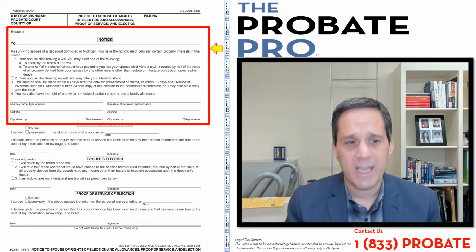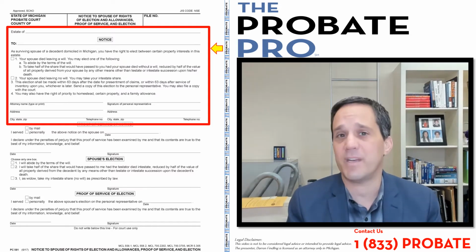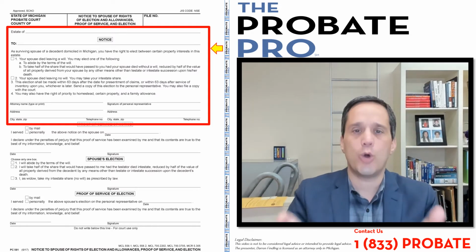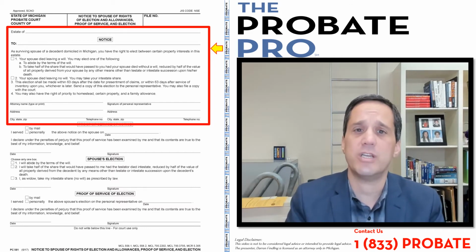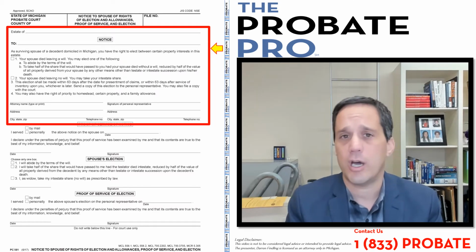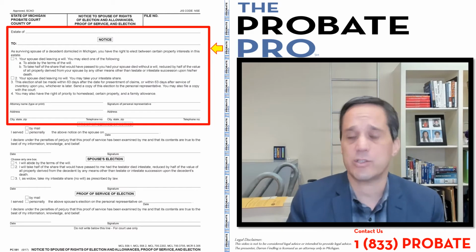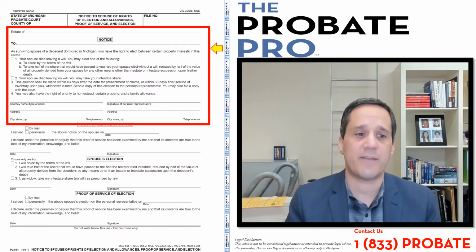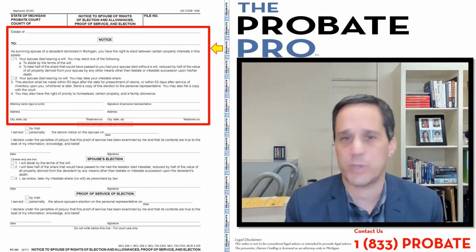Number three, it says that the election has to be made within 63 days of the presentment of claims. Now, this is the notice of presentment of claims that we've covered in other videos that relate to the publication to unknown creditors and notice to known creditors, and 63 days, or within 63 days after service of the inventory. Now remember, the inventory isn't always filed with the probate court.